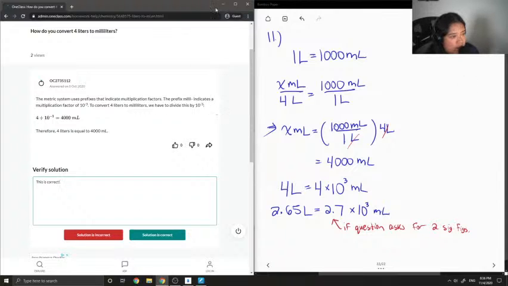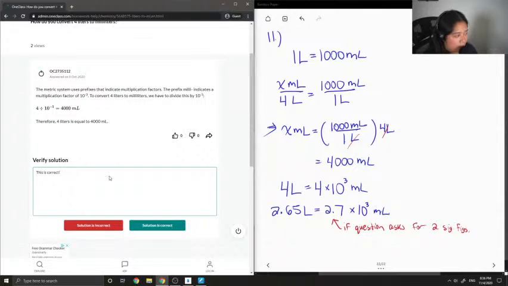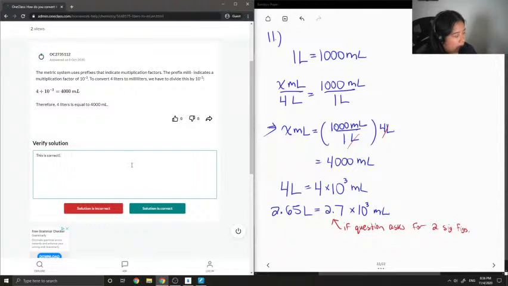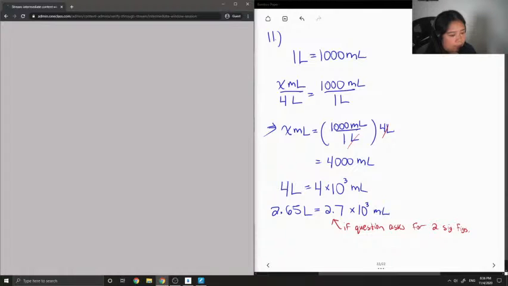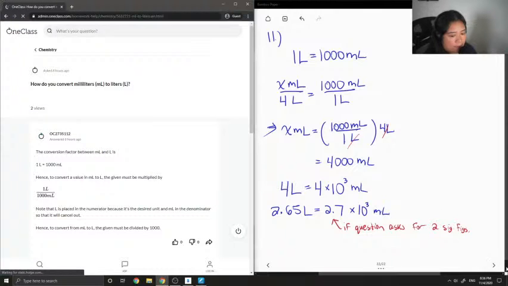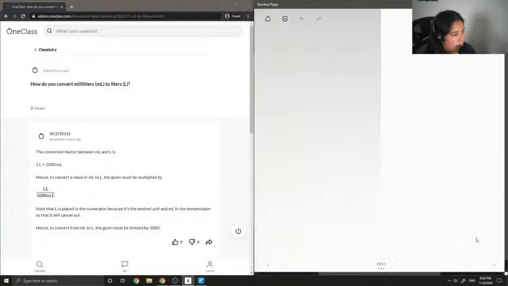But I like to write out the actual ratios just so I can visually see my units canceling out, because when I was a student I'd always get confused of when to divide, when to multiply. So it all just depends on what you favor as a method. Okay, so that solution was still correct.